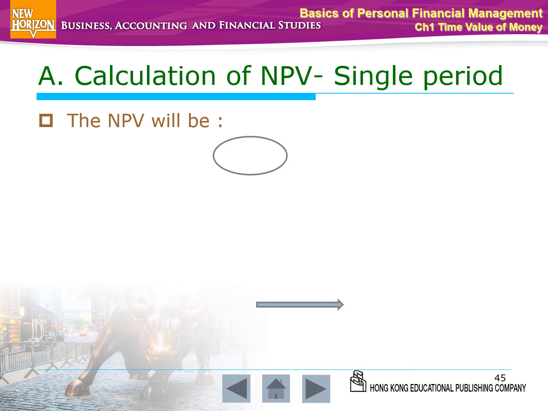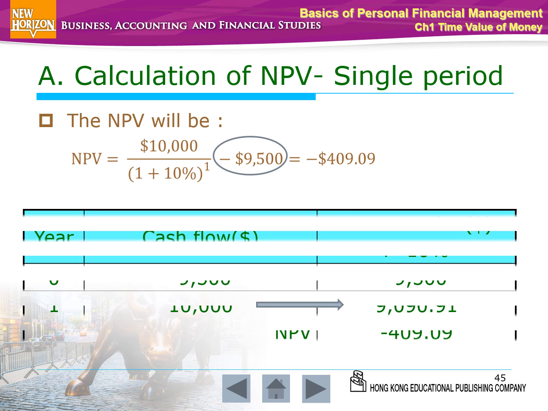Okay, putting all these figures into the equation, $10,000, 10%, year one, but the initial investment becomes 9,500. Of course, it is a negative cash flow, or we call it a cash outflow. Because the negative value is greater, the net present value becomes negative in this case.